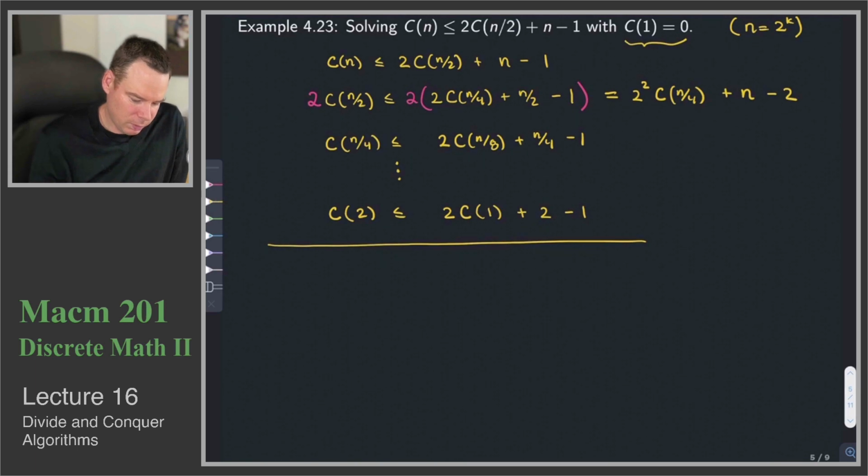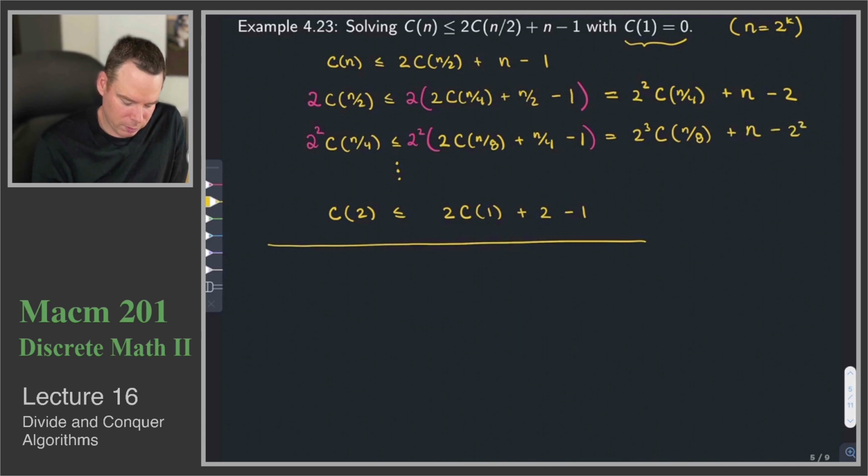Now, this one's got a 2 squared in front of it. This one doesn't. So I'd really like a 2 squared in front of it, so when I sum them up, they cancel. So I put a 2 squared in front of that, which means I'm putting a 2 squared in front of this side. And so this becomes a 2 cubed C(n/8) plus 2 squared times n/4, that's just an n again, and then minus 2 squared.